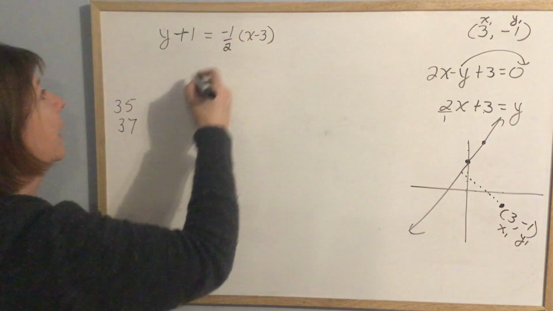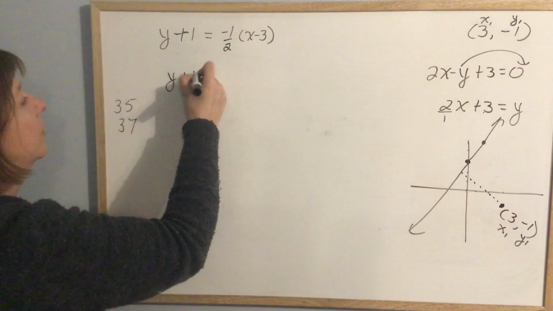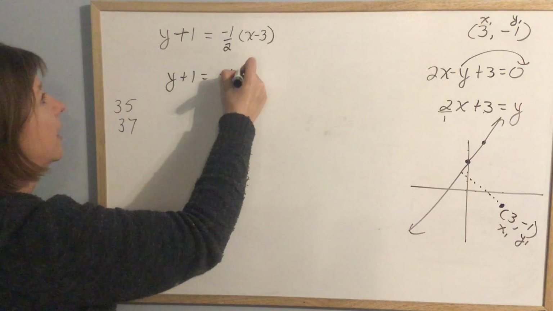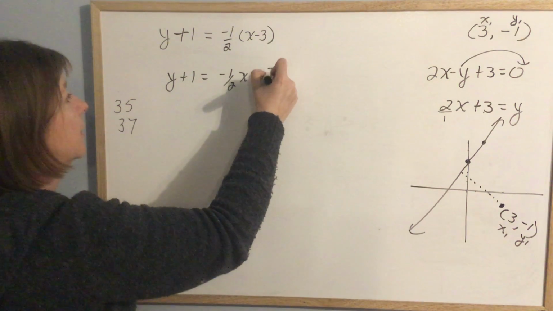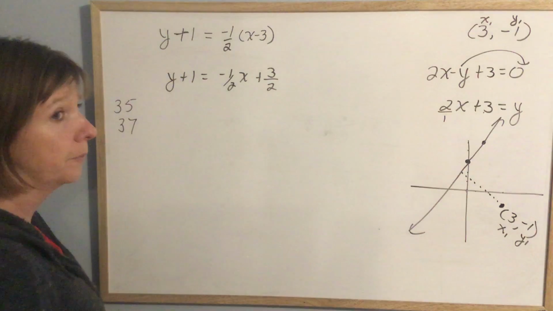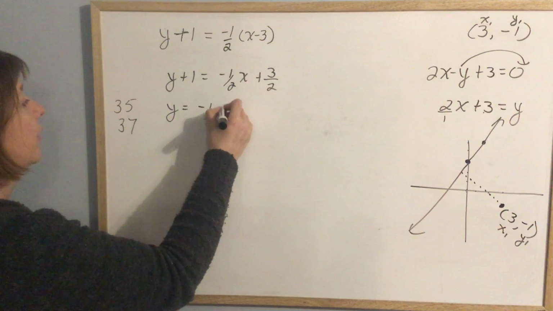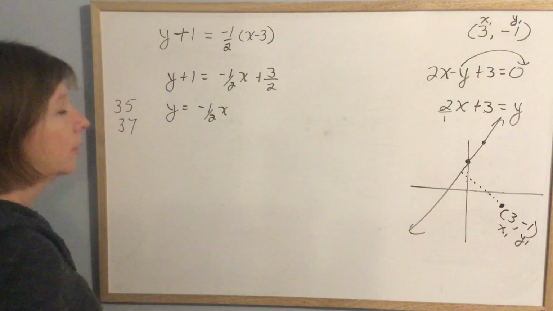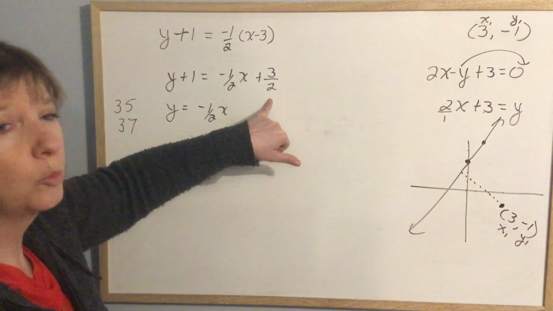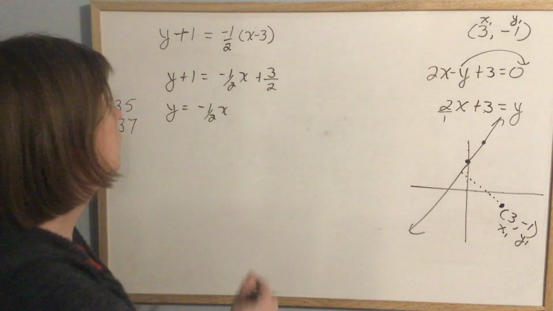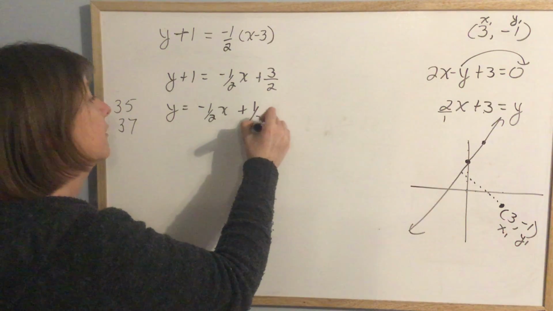It's negative 1/2. So I have y plus 1 is negative 1/2 x plus 3 over 2. So y is equal to negative 1/2 x, and 3 over 2, take away 1. We'll think 3 over 2 is 1.5. Take away 1 would be 1/2, so plus 1/2.